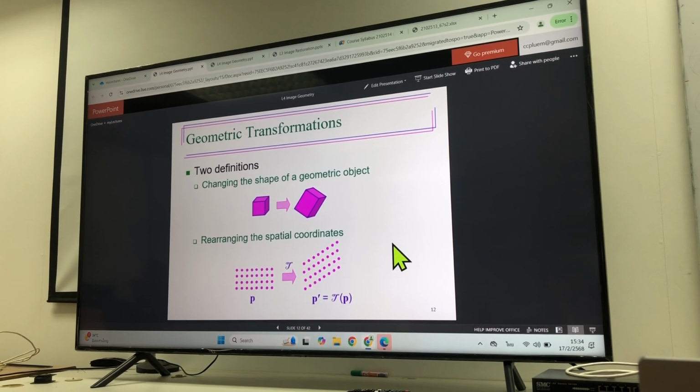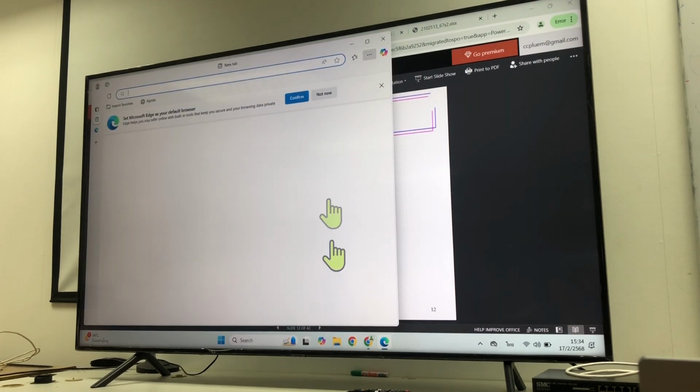So we change from a set of pixels p into another set of pixels p prime. When we change the pixel p to p prime, this is what we do.